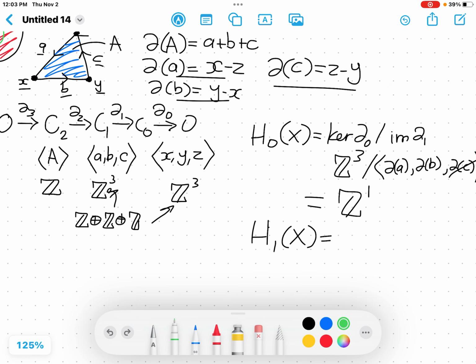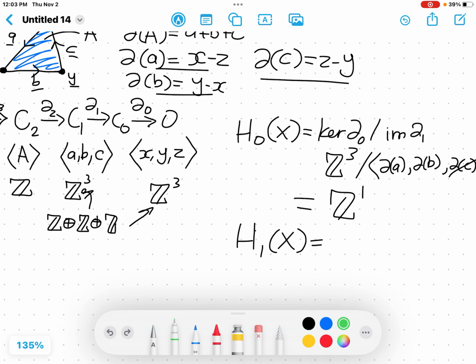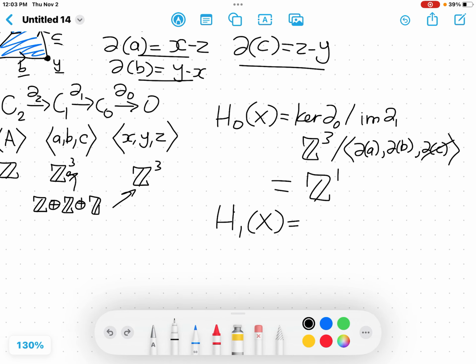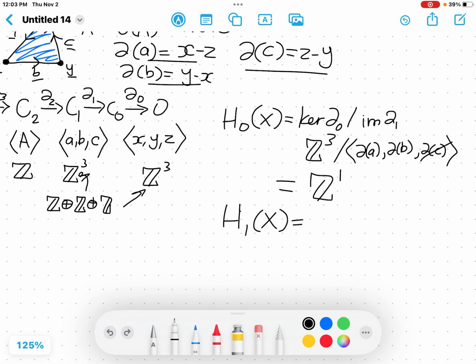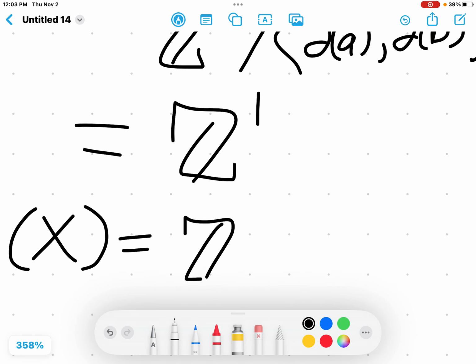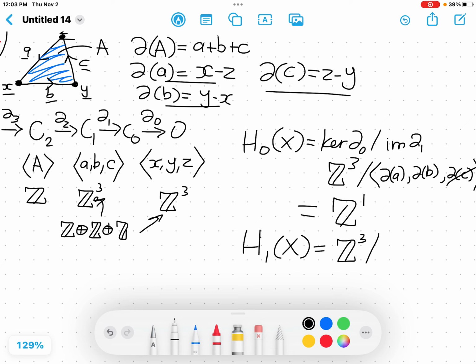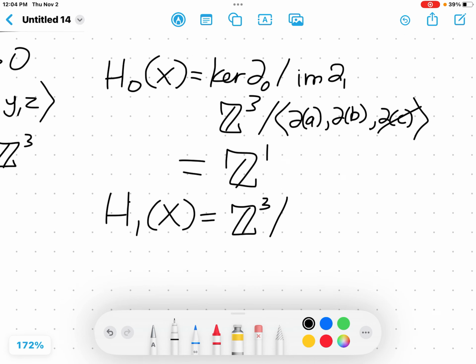So let's verify that. So it's the kernel of del 1. What's sent to C0? It's in fact the entire space. And then what's the image of del 1? It's precisely 3. It's generated by 3 of these guys.